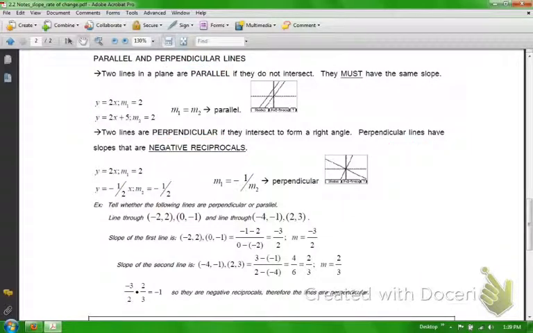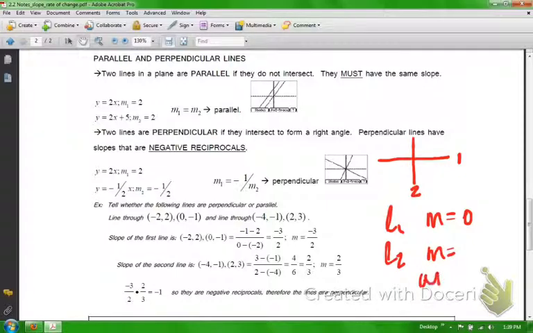However, perpendicular can throw you a curve. What if we're working with two lines that do this? What do you know about the slope of this line versus the slope of this line? Well, line 1 has a slope of 0. Line 2 has a slope that's undefined. There is no slope.